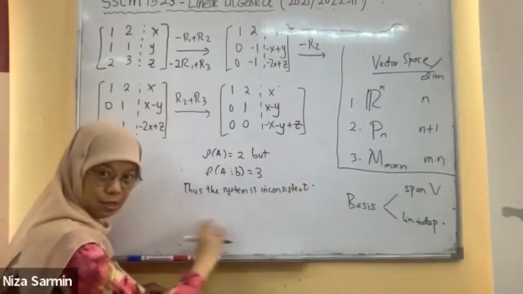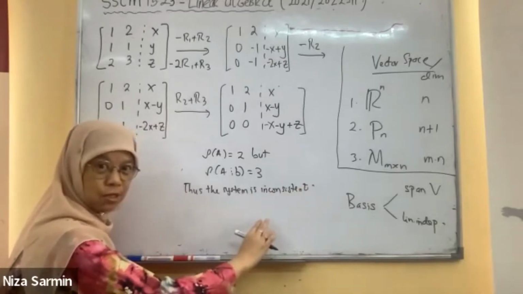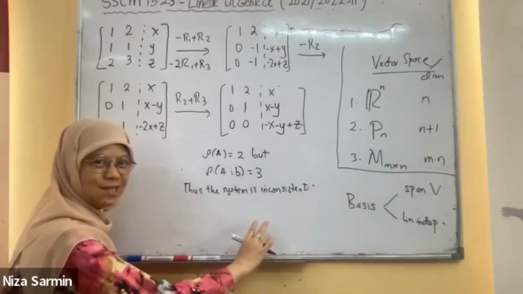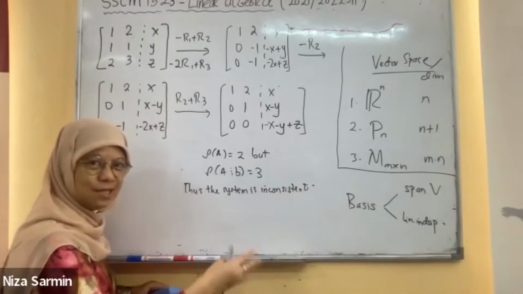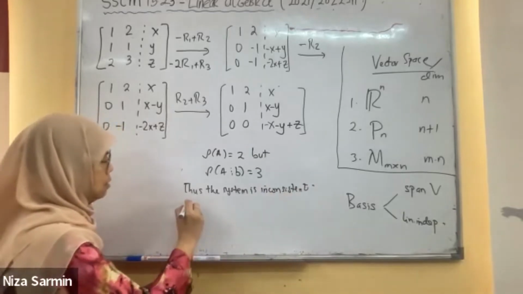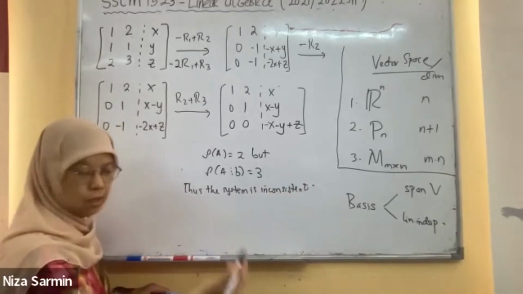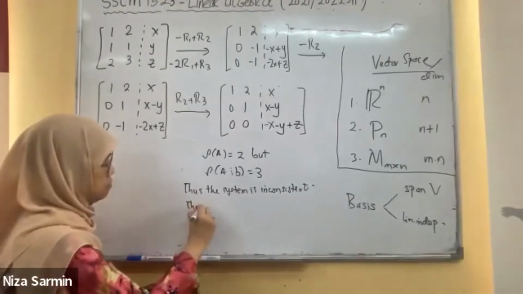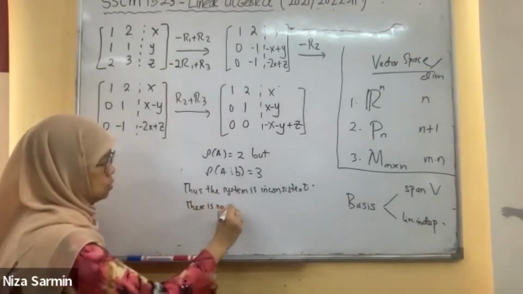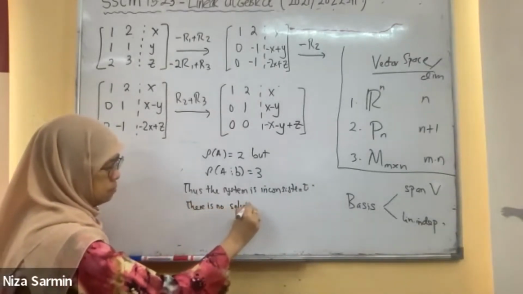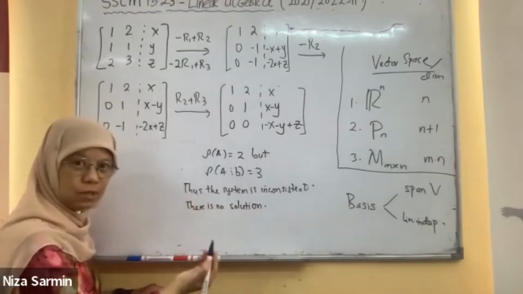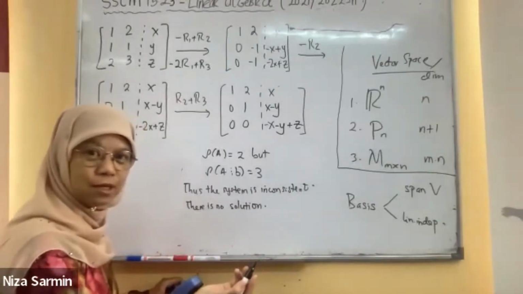This is optional. If you don't write this, but you write the one next, it's still okay. What does it mean? There is no solution. What does it mean by there is no solution?